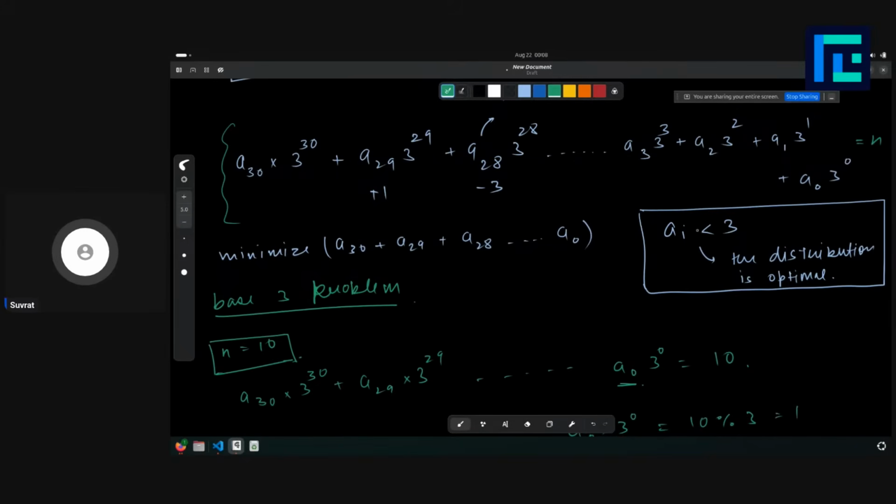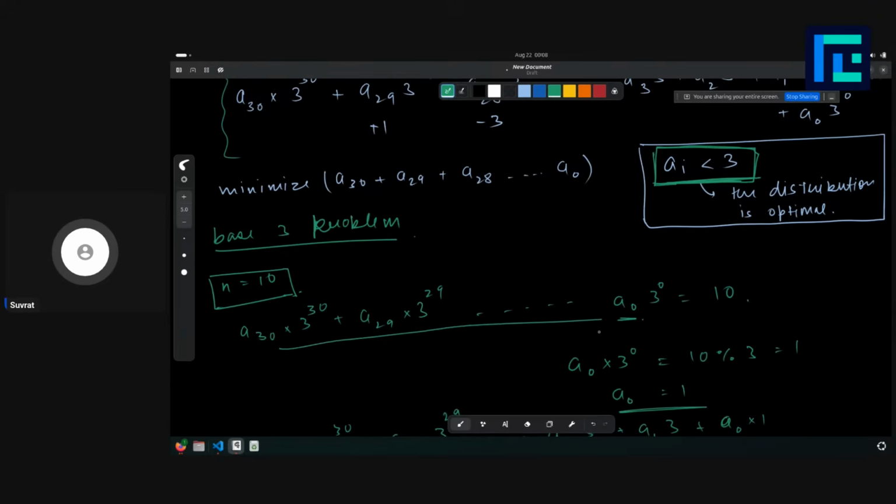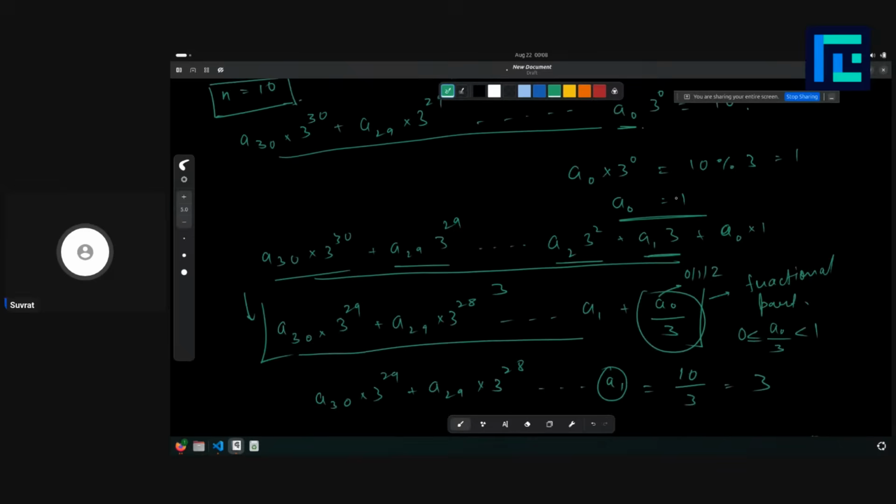We are trying to make sure that all ai are less than 3, so that we cannot reduce the number of deals further. And our base 3 representation does the exact same thing. It gives us a representation like this, where all the ai are less than 3.